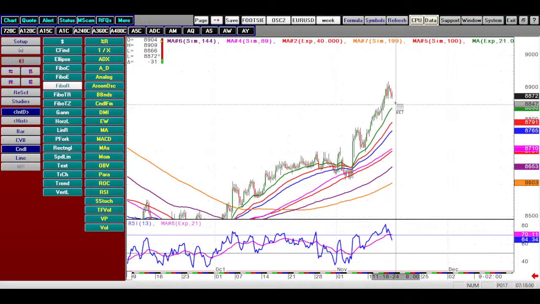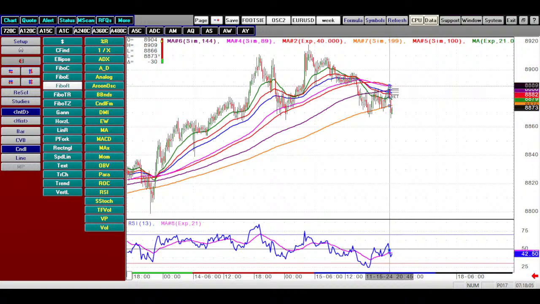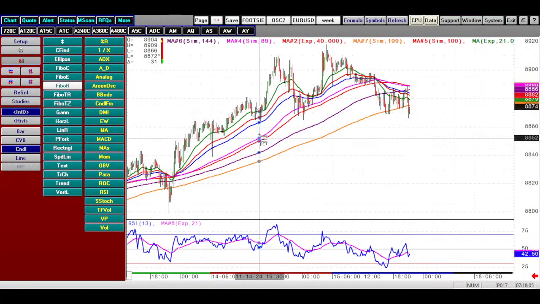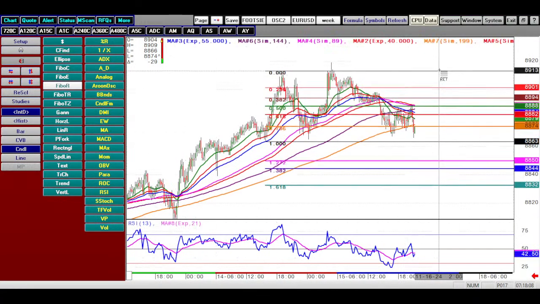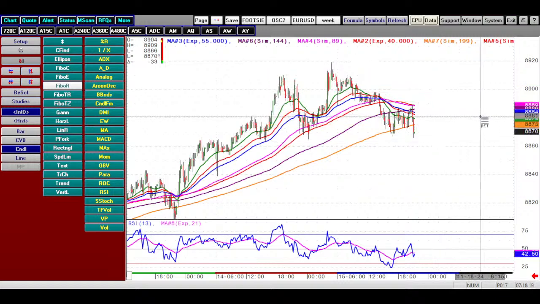Okay, this is also showing a sign of reversal. Okay, let's work on all that.